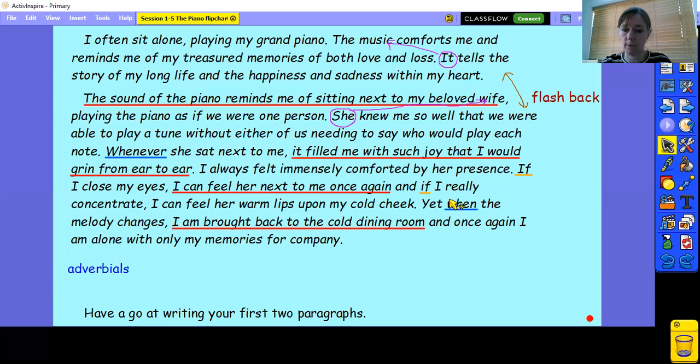There's another example of that down here. Another thing you can do is use if sentences where one thing relies upon another. So in this example here, it says, if I close my eyes, and then you've got your main clause, I can feel her next to me once again. It's quite emotional, isn't it, this paragraph?